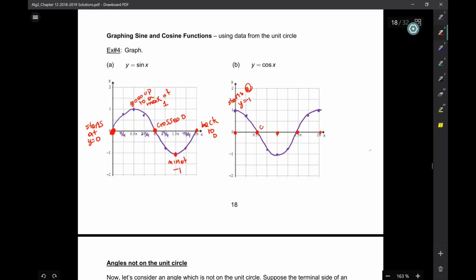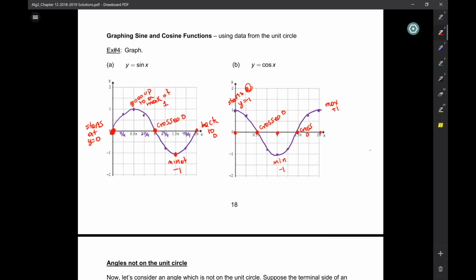Then it crosses 0, then goes to the minimum of negative 1, crosses 0, then to the maximum back of positive 1.